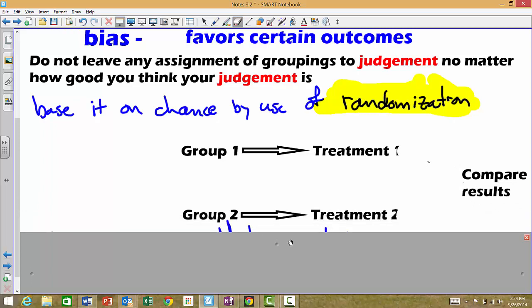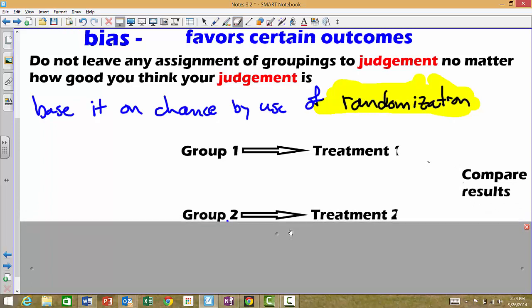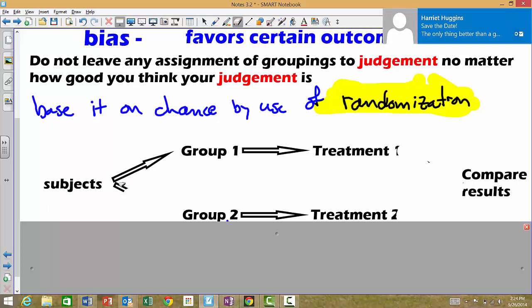Now, what randomization is, I have to randomly select which group people go into, either the treatment group or the placebo group. So in an experiment, if I start out with subjects, I would write subjects over here, and I would split these subjects into two groups.